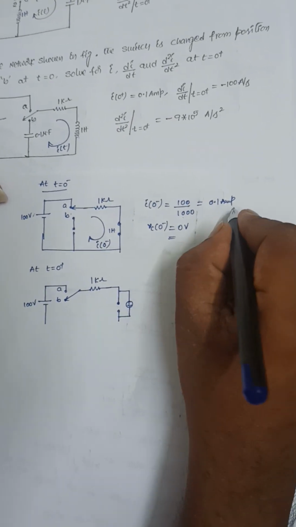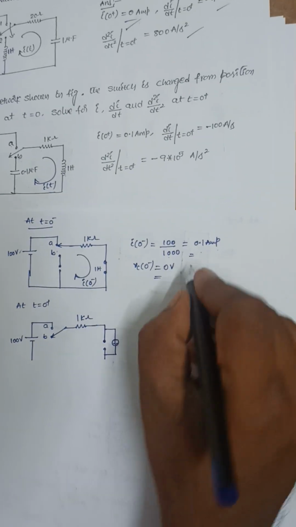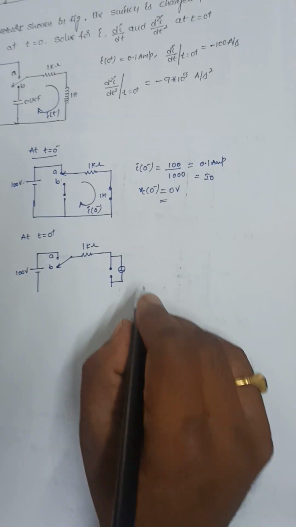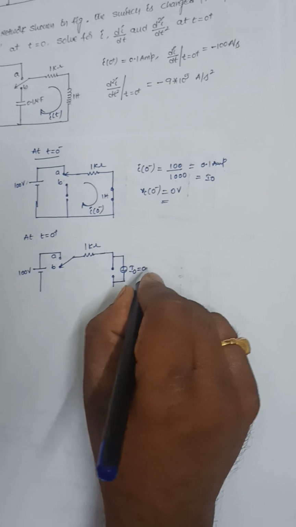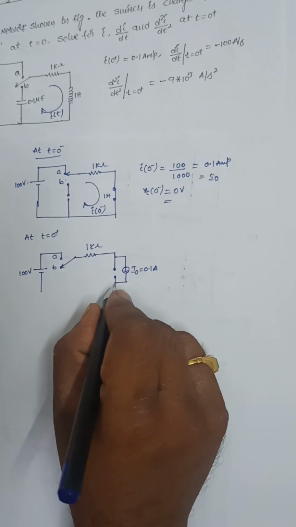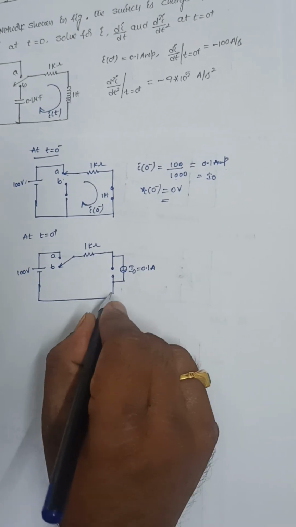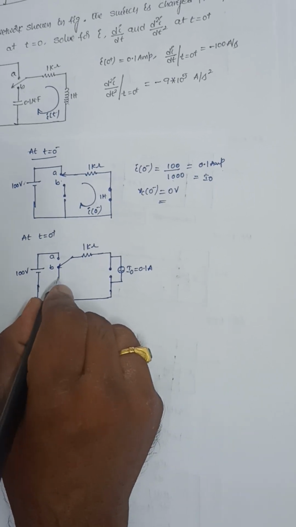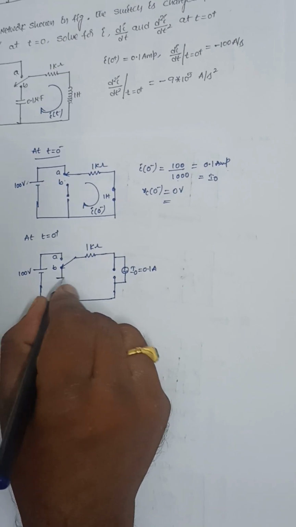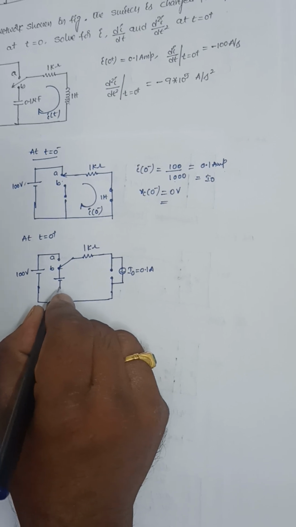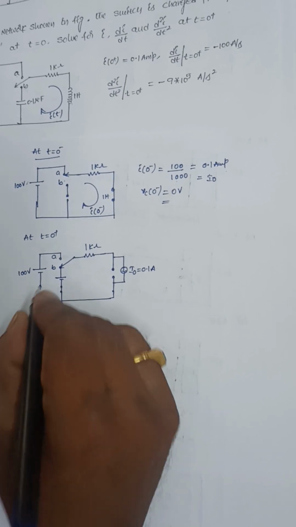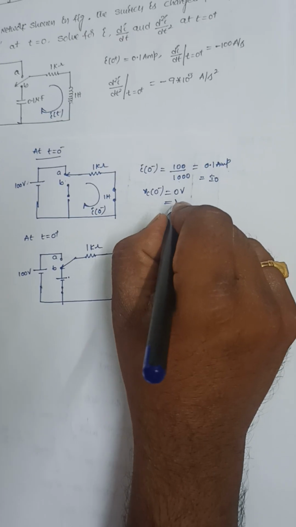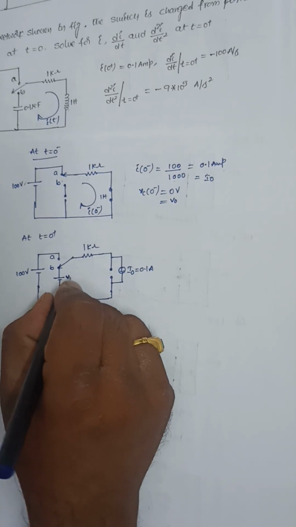So this value is I naught, equal to 0.1 ampere, and the capacitance will act as a voltage source V0, equal to 0 volts only.